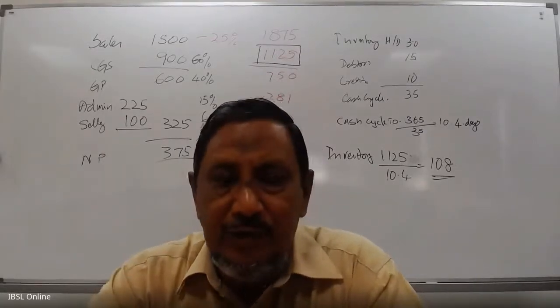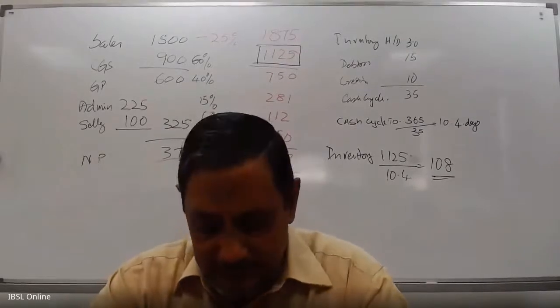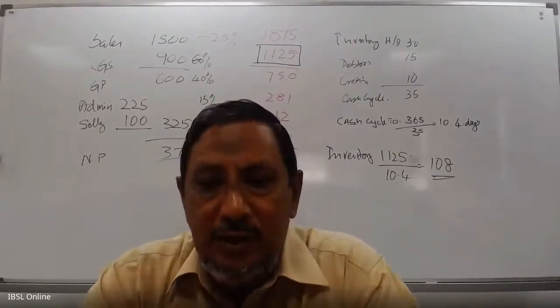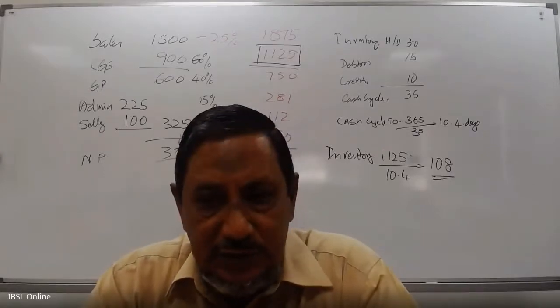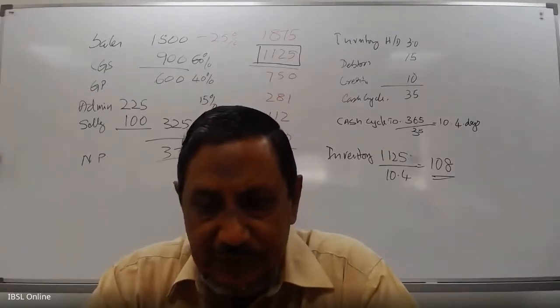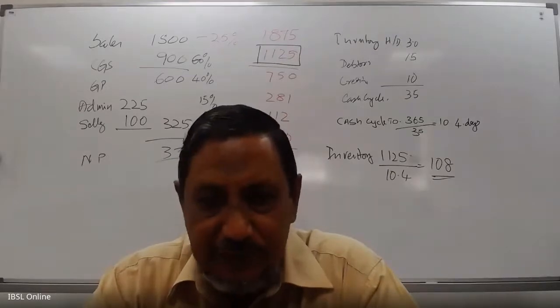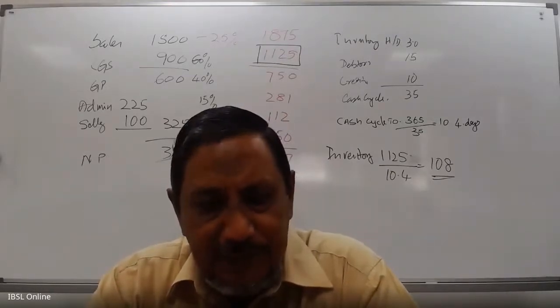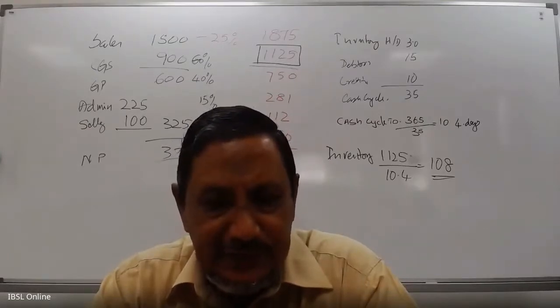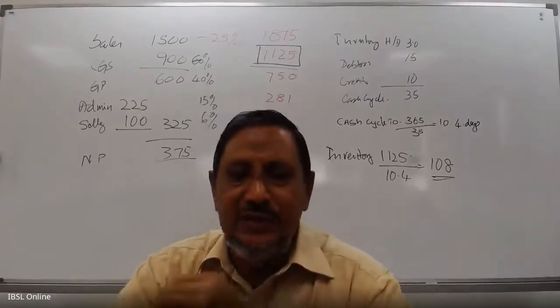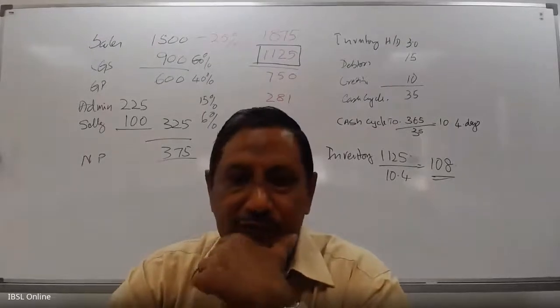Now let's look at this one. Sales 1 million, cost of goods sold 600,000, gross profit 400,000. Administrative expenses 100,000, selling and distribution 50,000, financial expenses 10,000, total 160,000, net profit 240,000.